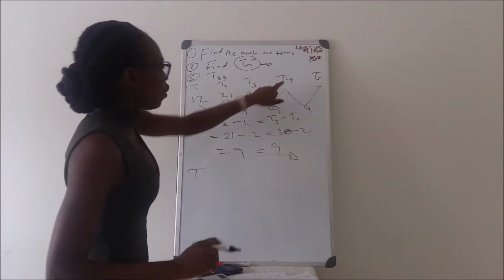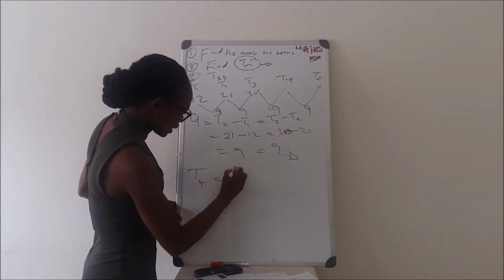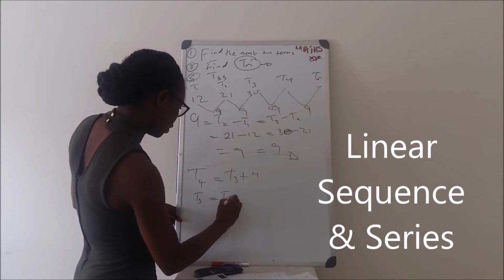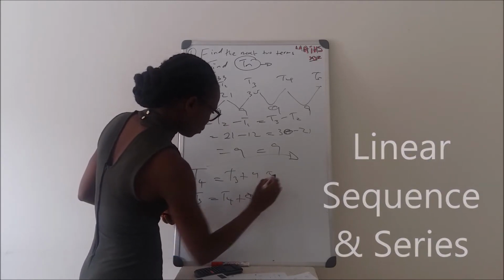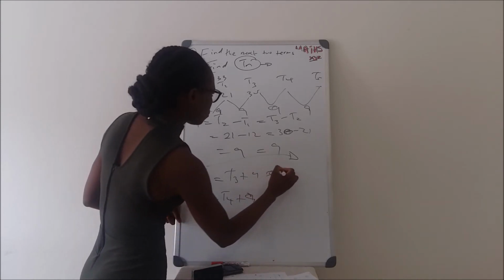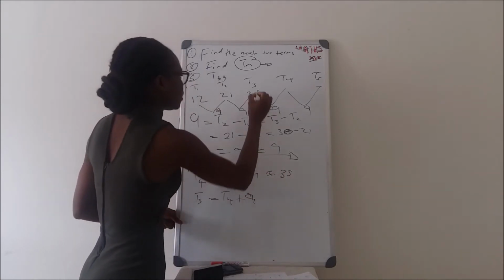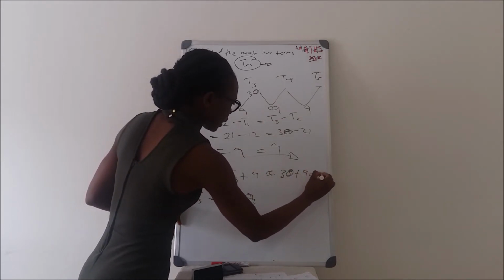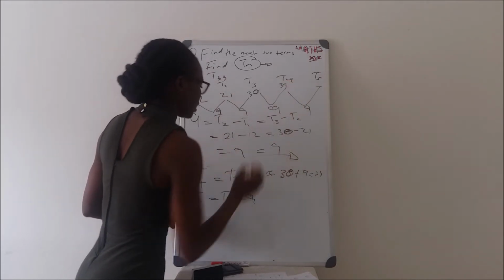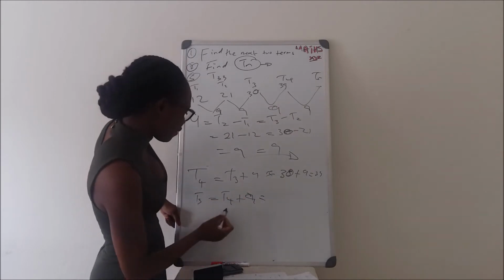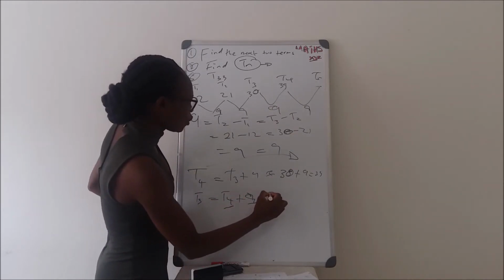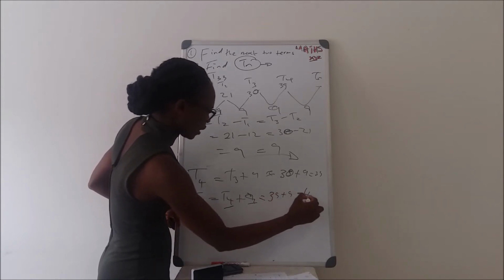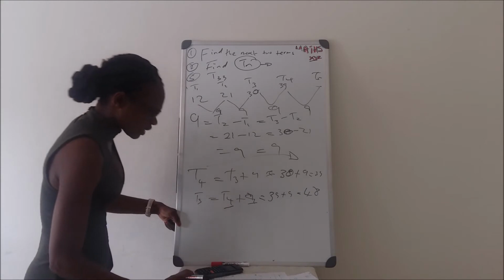To get T4, we say T3 plus A, and to get T5, it's T4 plus A. T3 is 30, and 30 plus 9 is 39. To get T5, T4 plus A is 39 plus 9, which is 48. So it's 39, 48.